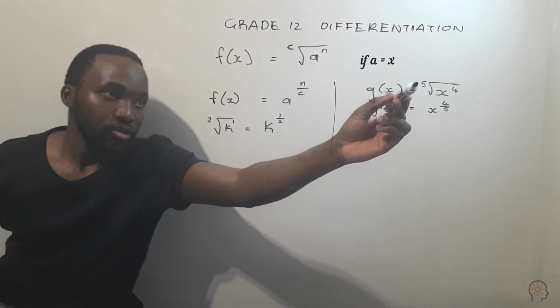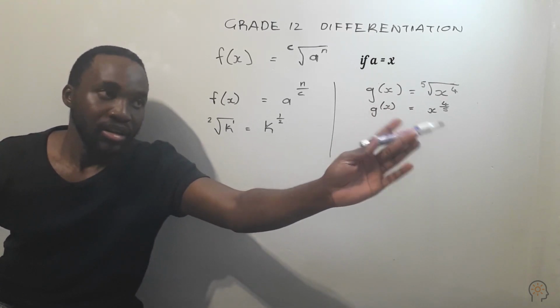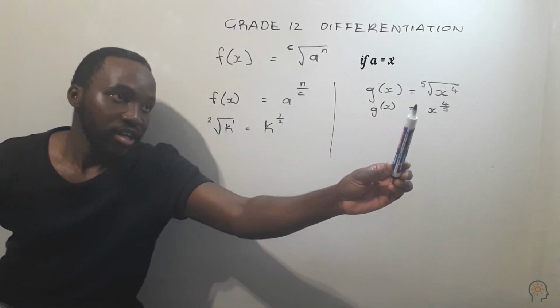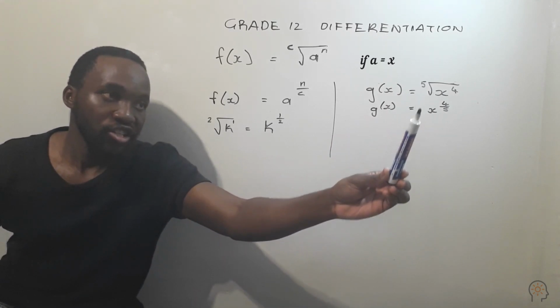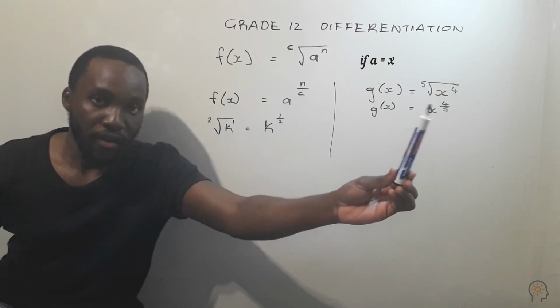The value outside, you just take it under the exponent there. Now this is not differentiated, remember. This is just simplified. This is just put in a format which we can clearly see that the coefficient here is just a 1 and our exponent is just 4/5.